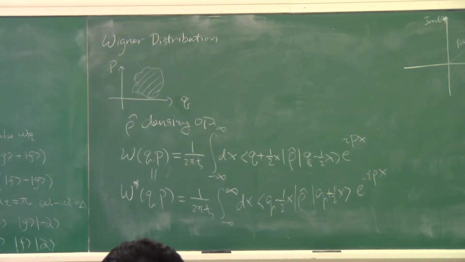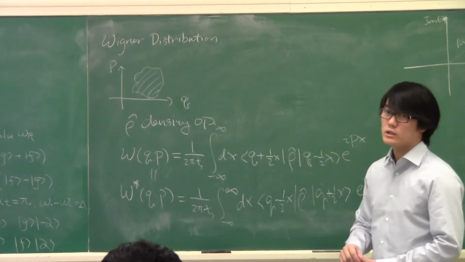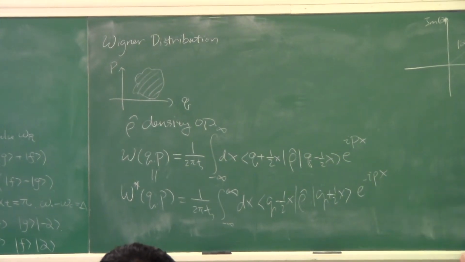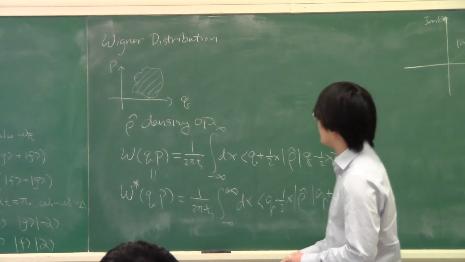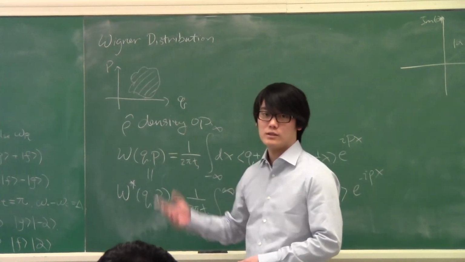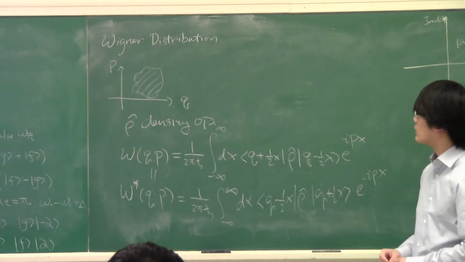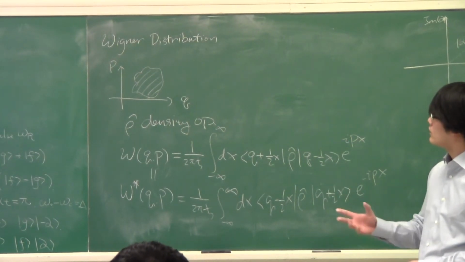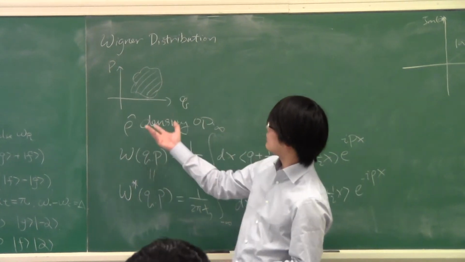So unlike the elements of the density operator or the wave function itself, the Wigner distribution is a real function. With real functions, we can make a connection to classical physics more easily than with complex functions, because in classical physics, most distributions that we know must be real.